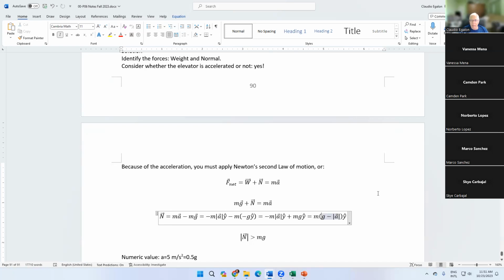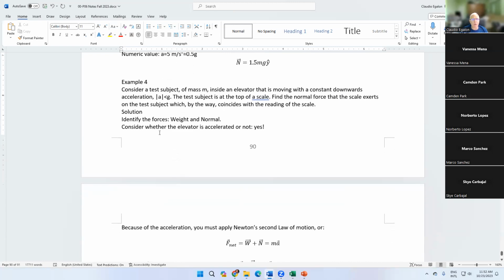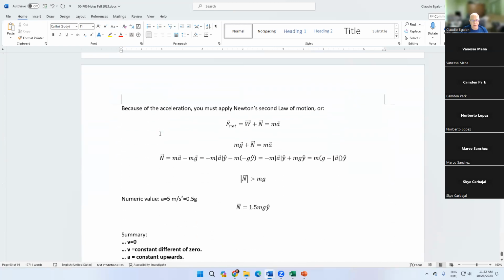And in this case, assume downwards acceleration. One more condition here: a less than g.